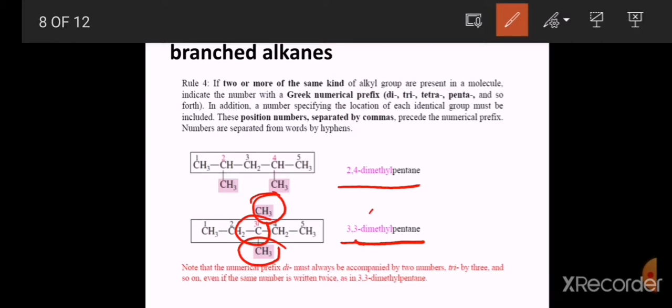Okay, take note that the numerical prefix di will always be accompanied by 2 numbers. Ito yung sinasabi ko kanina. So, 3 numbers for tri means dapat merong 3 numbers dito sa unahan nung tri. Kung gagamit tayo ng tri and so on.